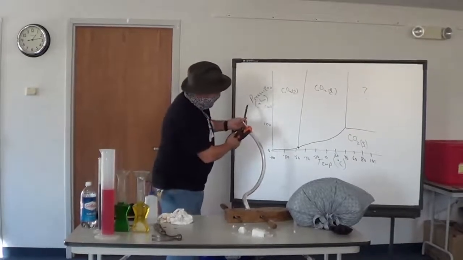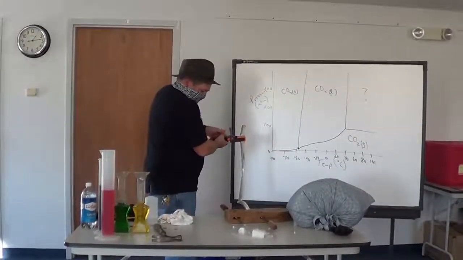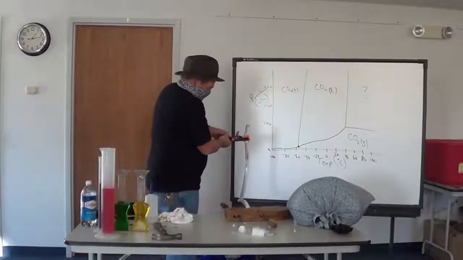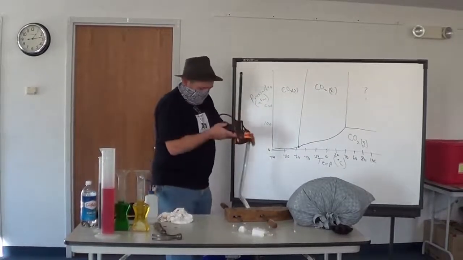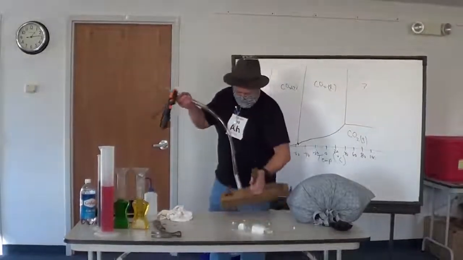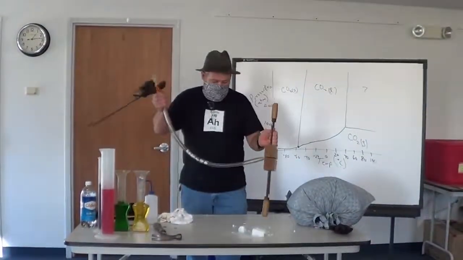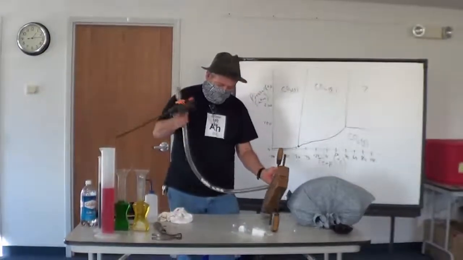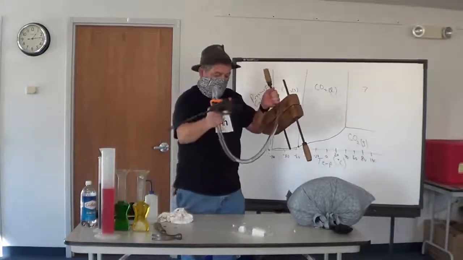If my clamp will get that tight. Okay, that's about as tight as she goes. This may take a little while to get this rubber tubing cool enough, or the dry ice warm enough, and the pressure built up enough in there.